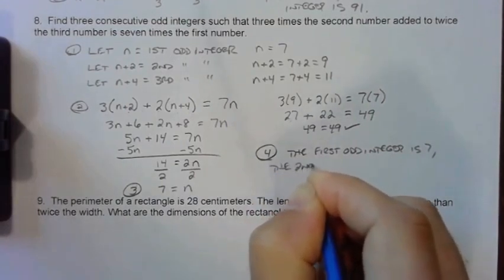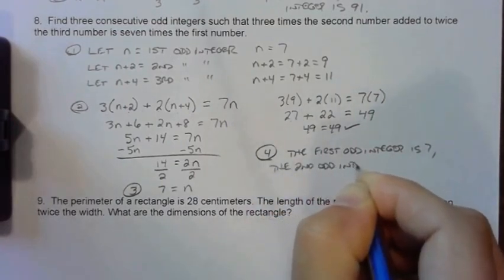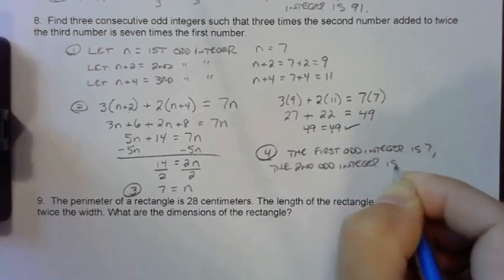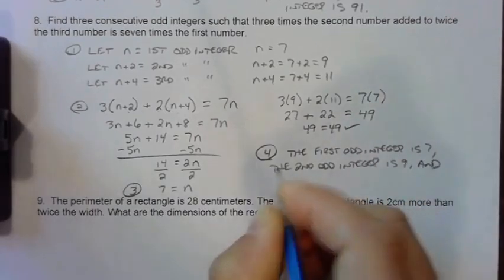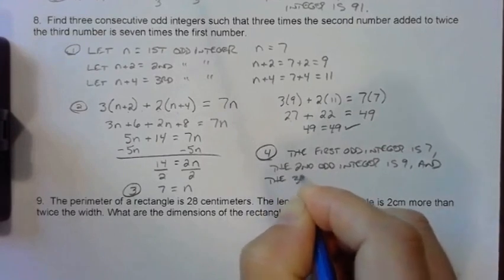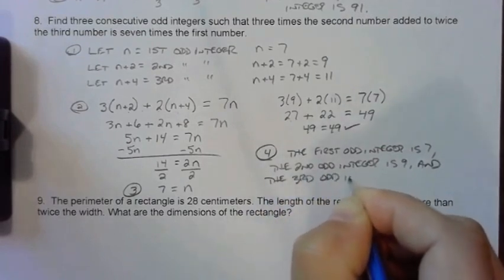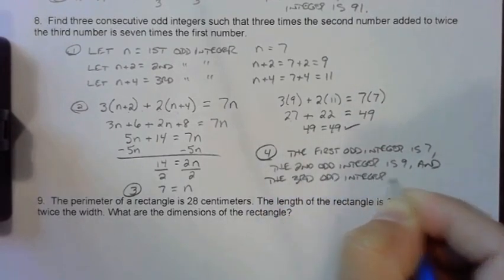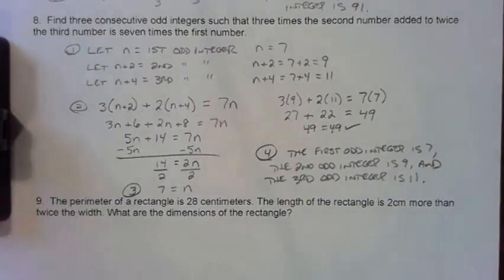The second odd integer is 9. And the third of our odd integers is 11. 7, 9, and 11 are the 3 odd integers in this problem.